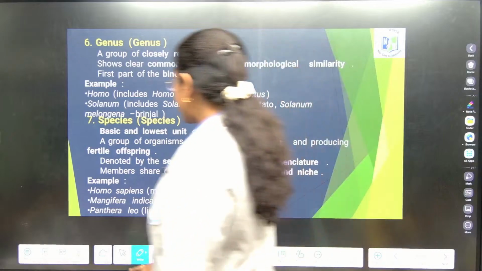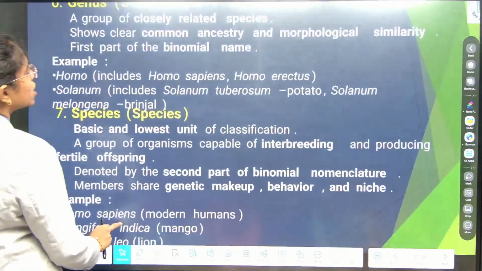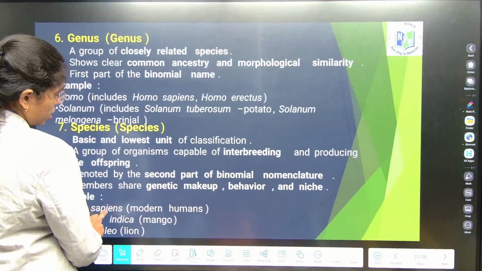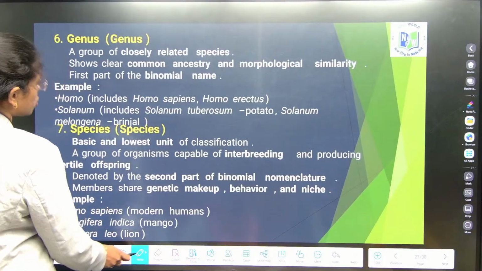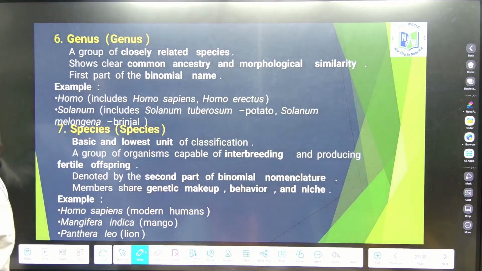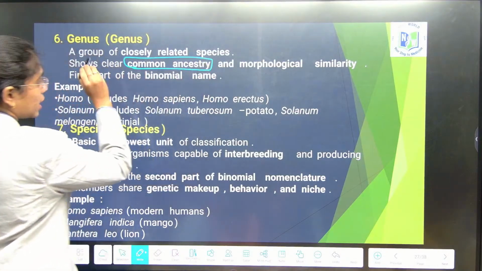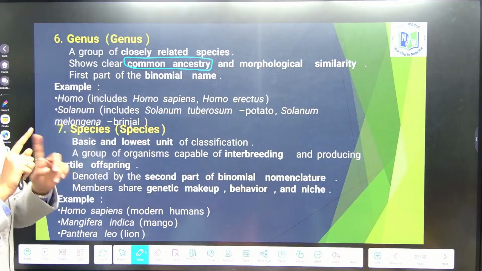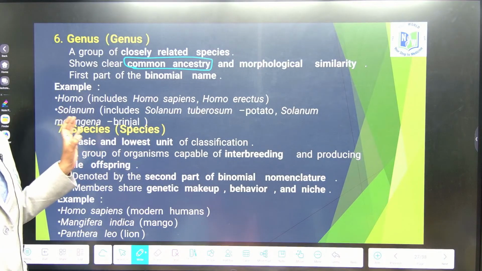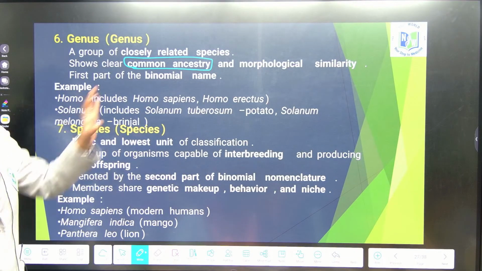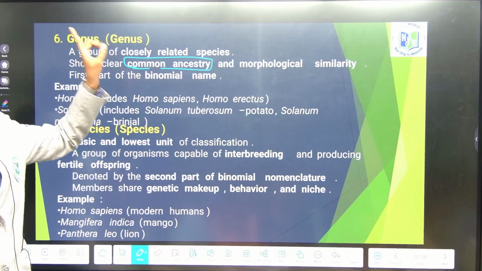Genus. Genus includes closely related species. This shows common ancestry, means all species in a genus will have the same ancestor. All genera which are under the same family, a single genus will have what? Common ancestor.